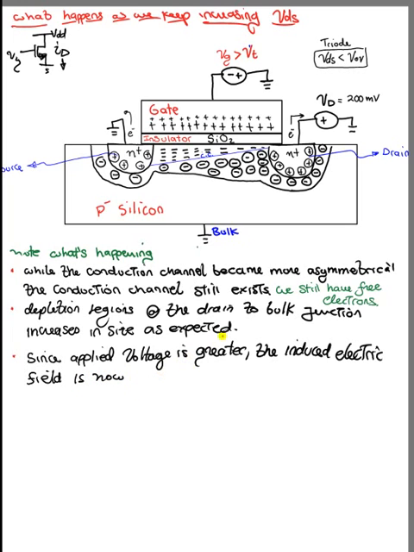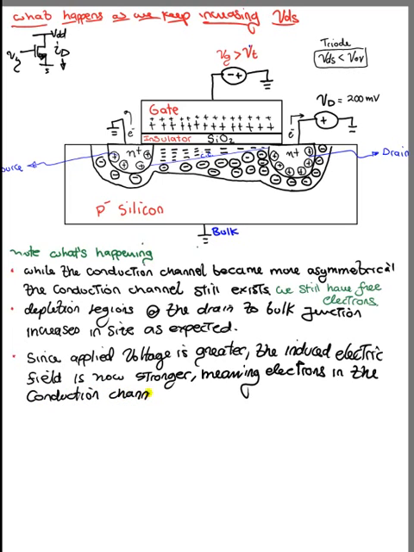Since the drain source voltage is greater, the electric field is stronger, meaning that electrons in the conduction channel are moving faster. Okay. Therefore, the current is now greater.